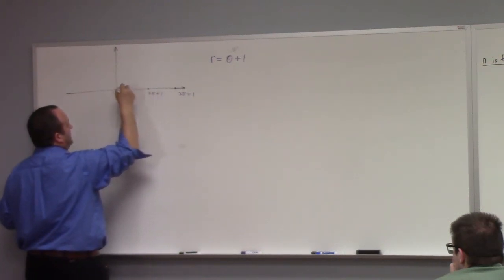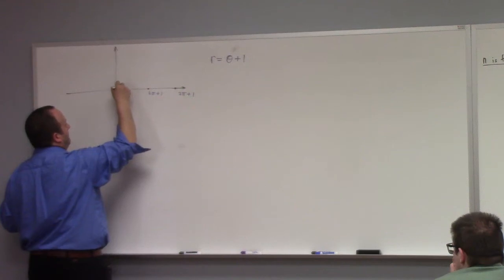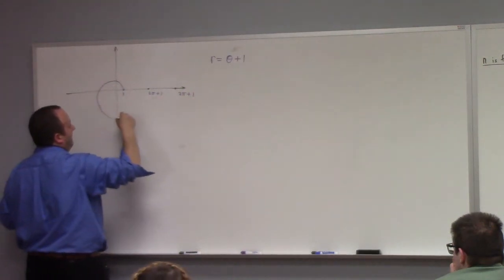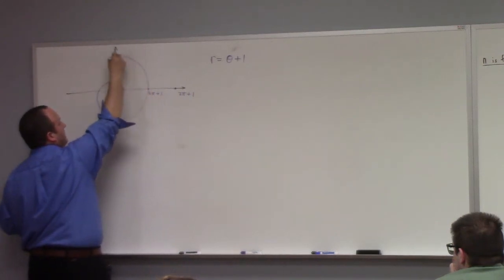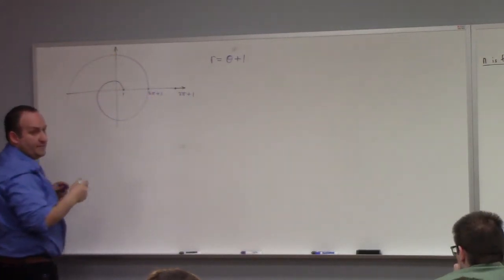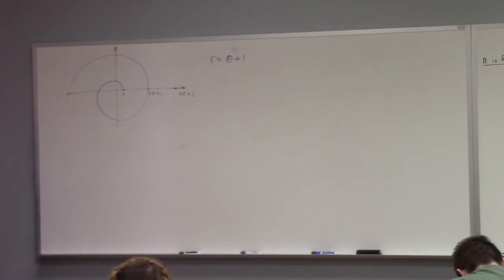So what I'm saying is, it looks something like that, right? And then it continues to spiral out. Whatever, okay?